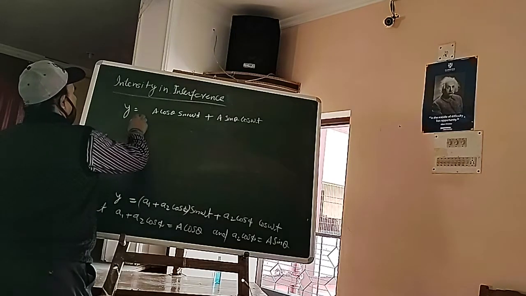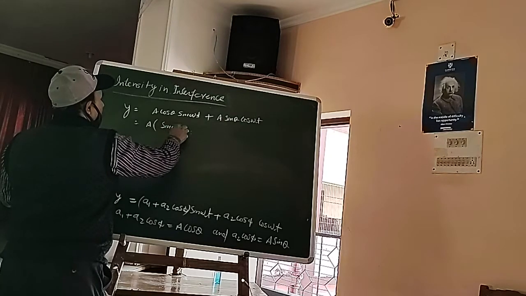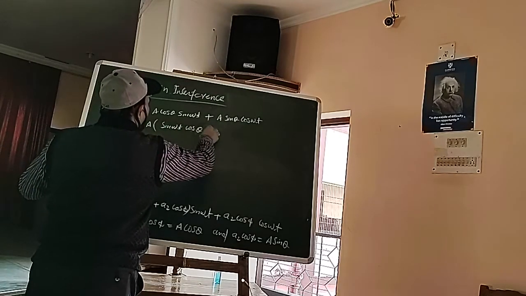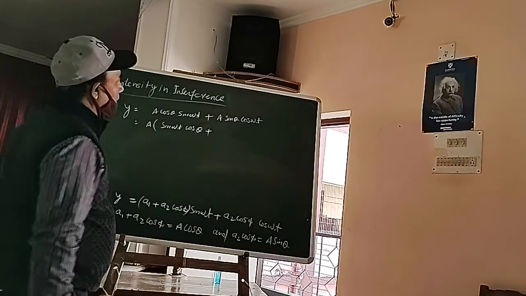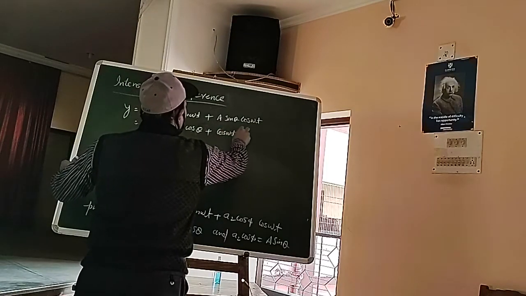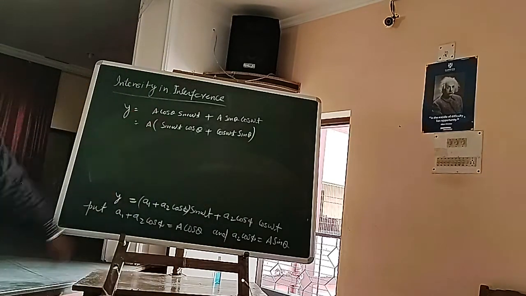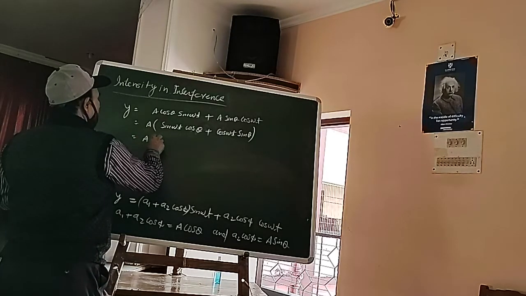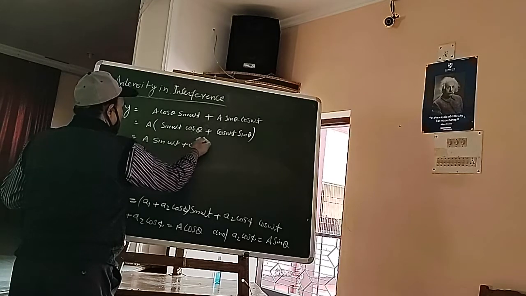This is equal to A (sin omega t cos theta plus cos omega t sin theta). Sin x cos y plus cos x sin y is equal to A sin (omega t plus theta).